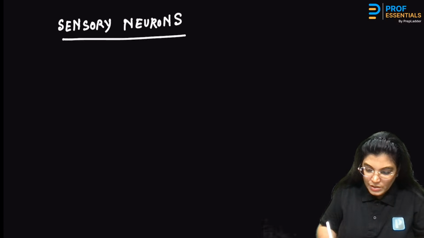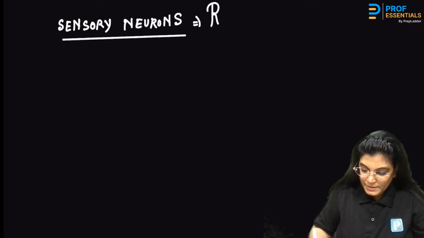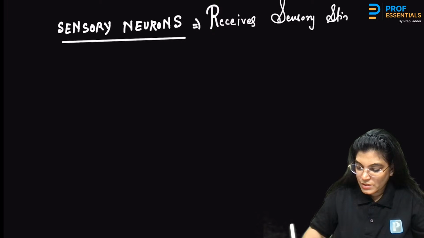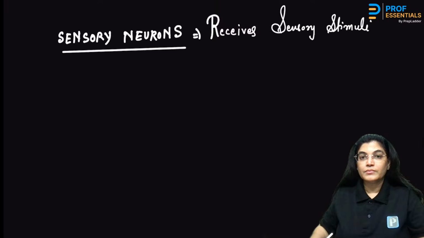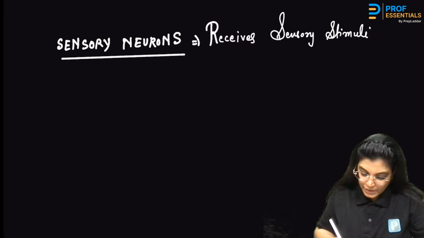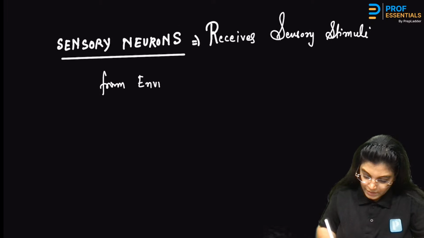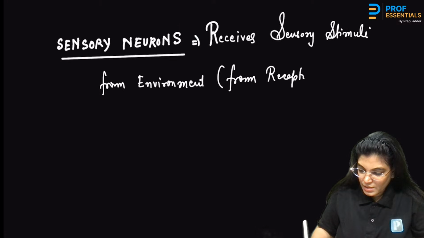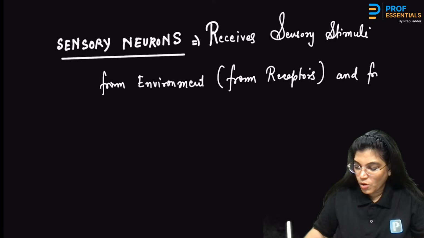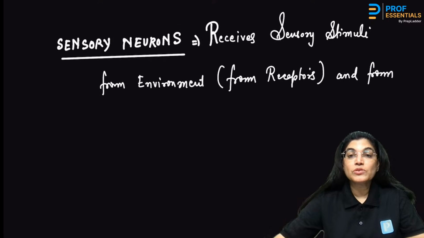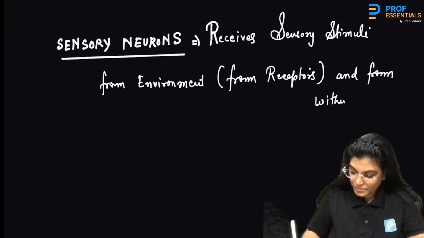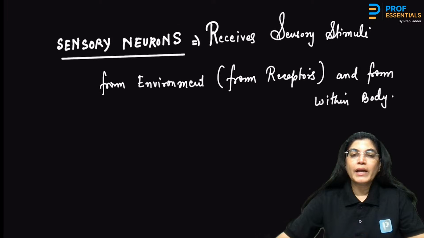Sensory neurons receive sensory stimuli from the environment, that is from receptors, and also from within the body.